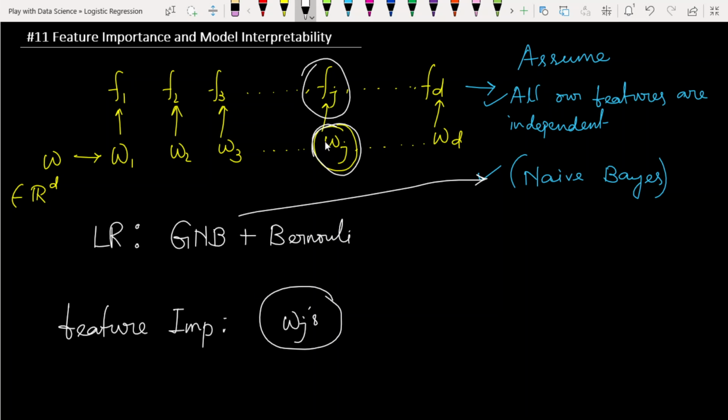Alternatively speaking, after solving our optimization problem, we find our optimal w, which is made of w1, w2, w3, wj up to wd. To select the important features, we have to work with the wj's.